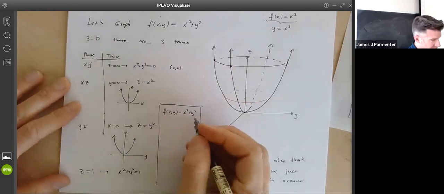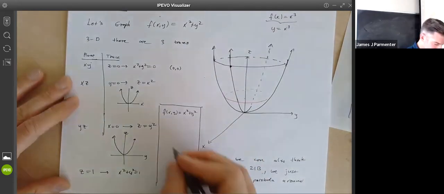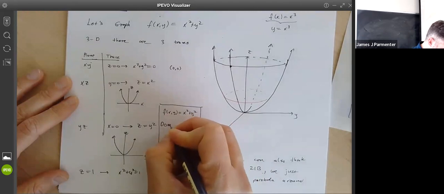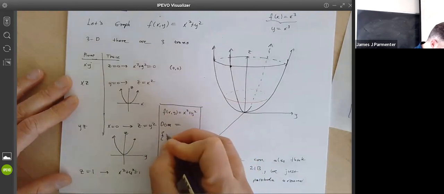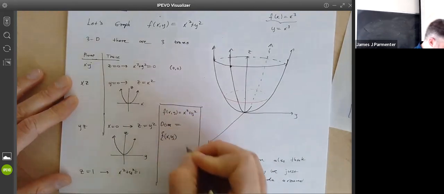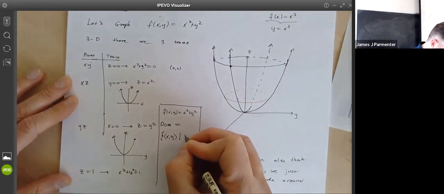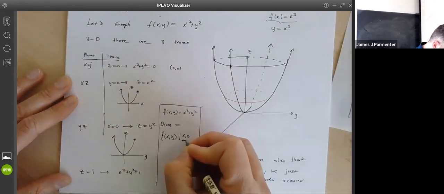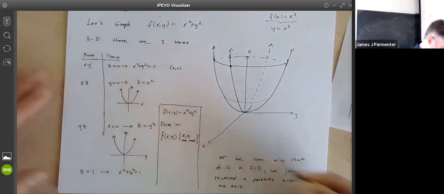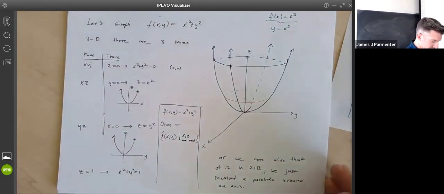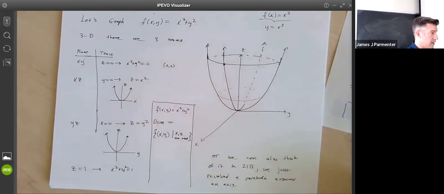So the domain for functions of two variables kind of gets a little messy. We say the domain here is the set containing all x and y, such that x and y are real. Or another way of saying this is it's the entire xy plane. Any point in the xy plane is in the domain of this function.